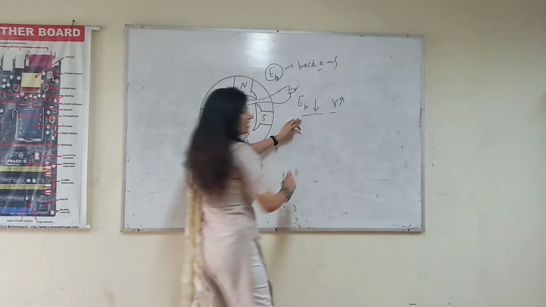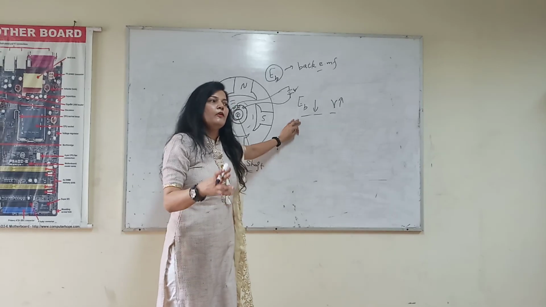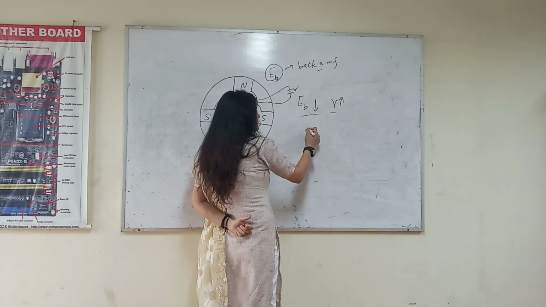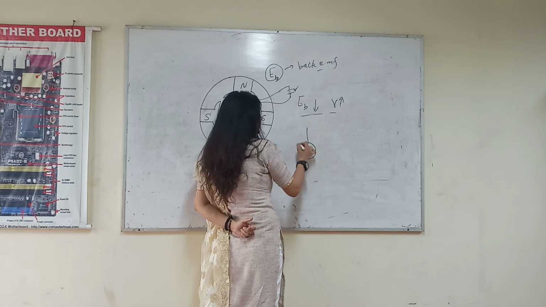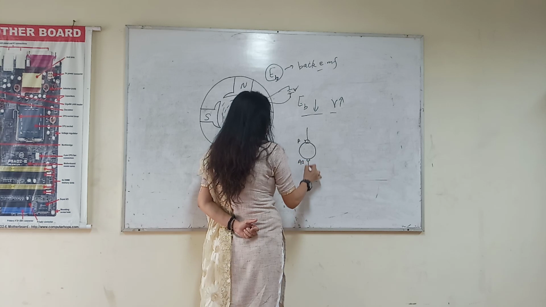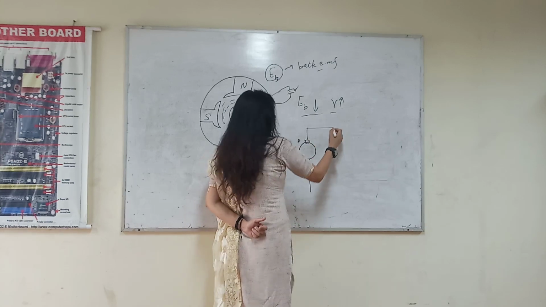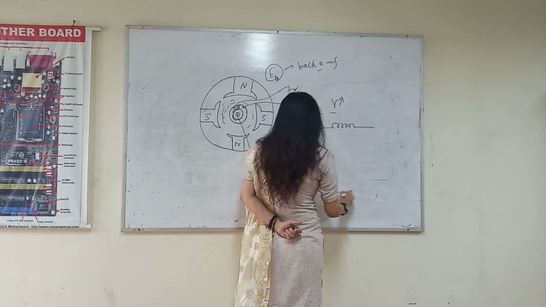I'll show this with the help of one more example. When we say this is the armature, it is denoted like this, the armature of a machine. A and A', these are the armature terminals, and this is the machine.